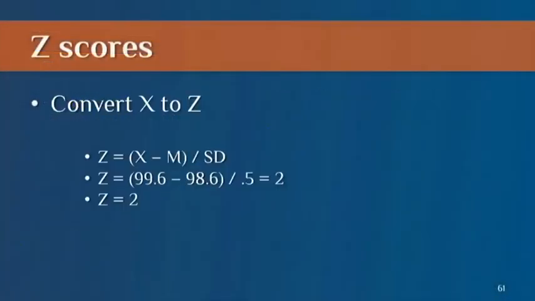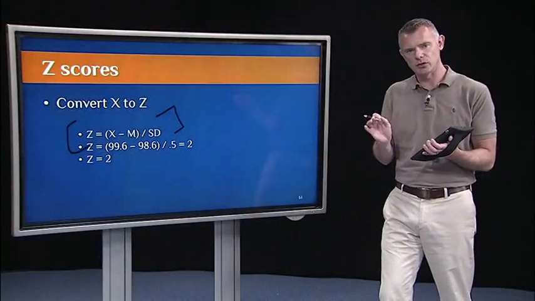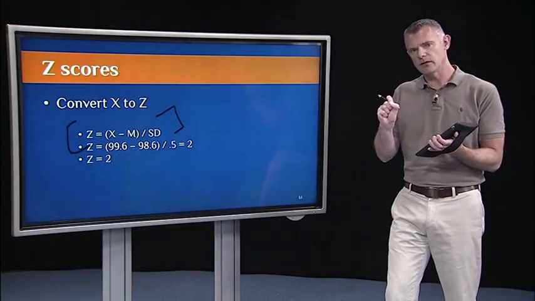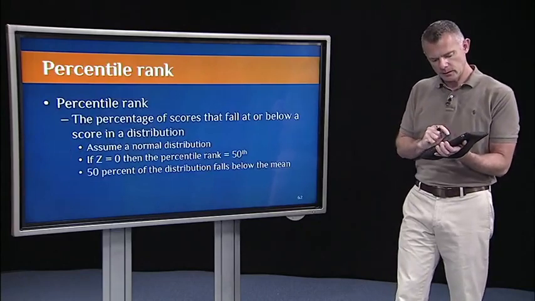All I have to do is apply this z formula. I take the raw score, 99.6, subtract out the mean, 98.6, divide by the standard deviation, which was 0.5. So that's just 1 over 0.5, or 2. So this individual's z-score is positive 2. They are 2 standard deviations above the mean.